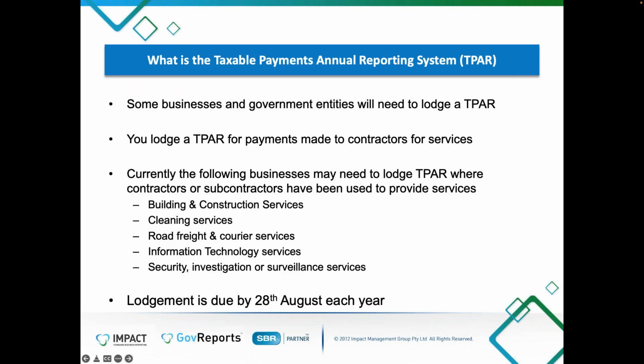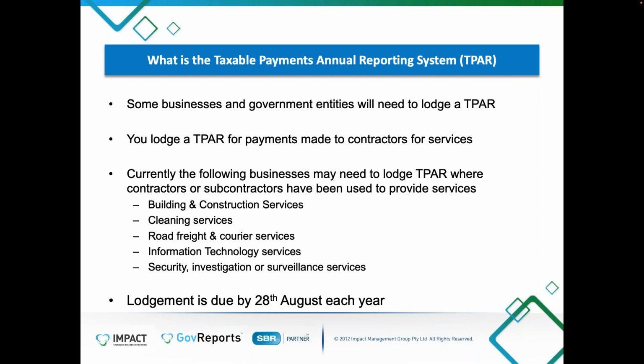So some businesses and government agencies are going to have to lodge a TPAR. You lodge a TPAR for payments that are made to contractors for services. Currently, the following businesses have to lodge a TPAR where contractors or subcontractors have been used to provide services.